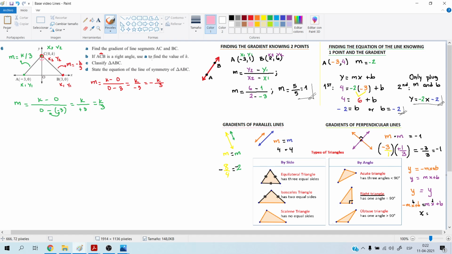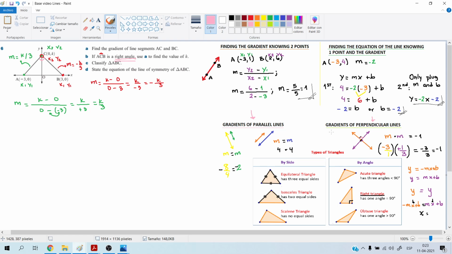They say use A to find the value of k. What they say about it being a right angle, the only thing we care about is whether the lines are parallel or perpendicular. And since they have a right angle, like this one, the lines are perpendicular, and this is what we have to keep in mind, okay? So they ask us to find the value of k.